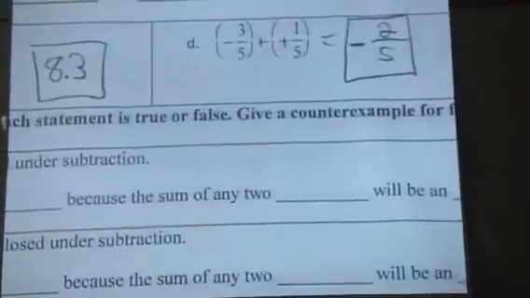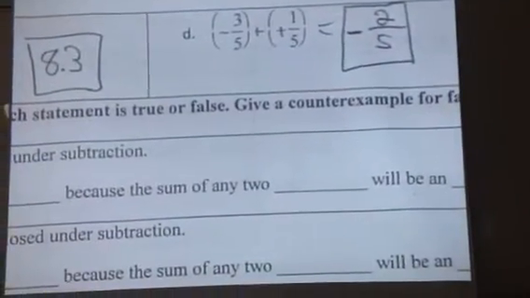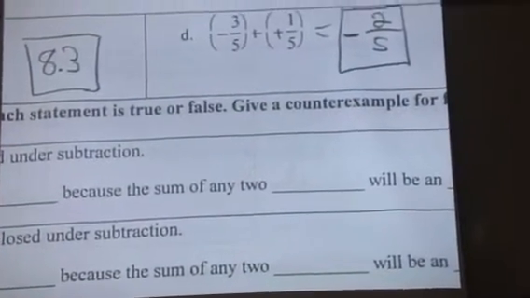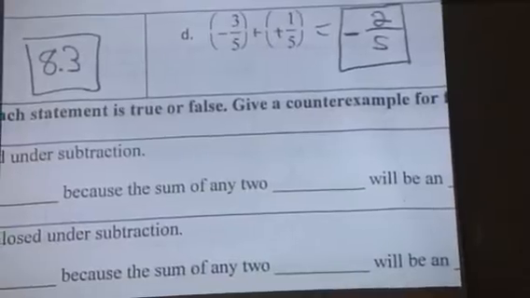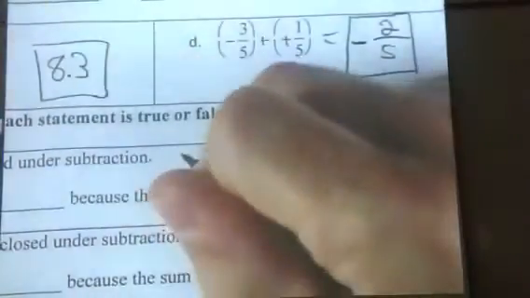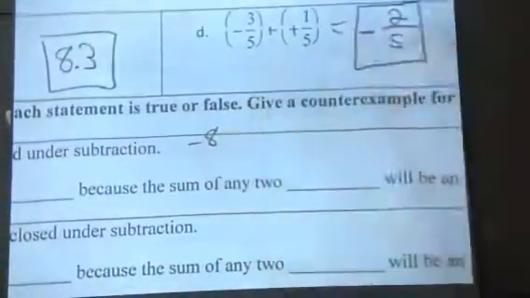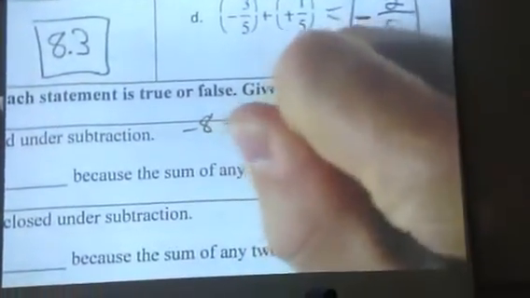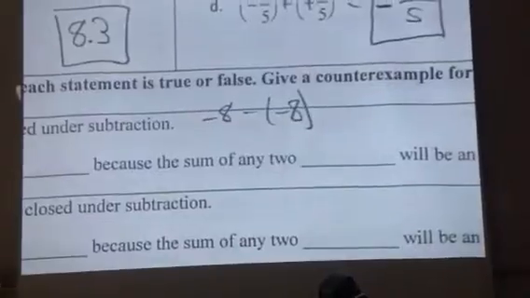All right, again, we're looking at closure. Determine whether each statement now in example 3 is true or false. Give a counterexample for false statements. The set of integers is closed under subtraction. We have to think about all of the integers. Let's say -8 minus -8. Let's follow our rules.